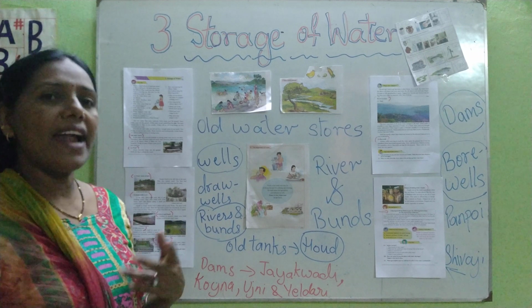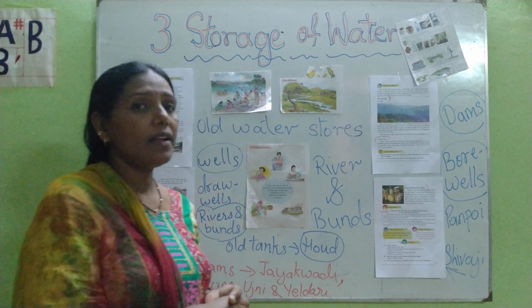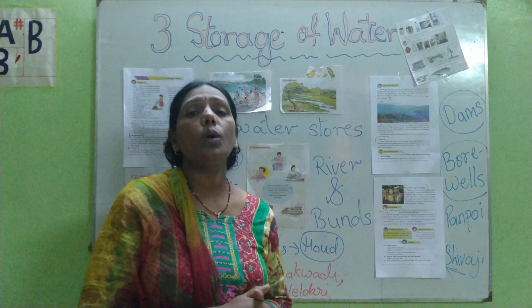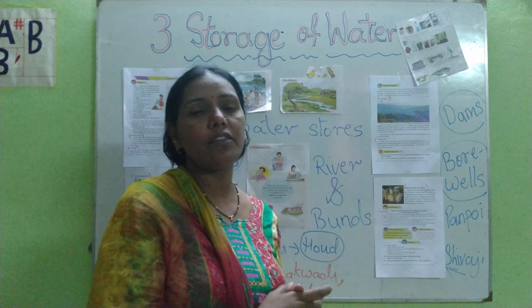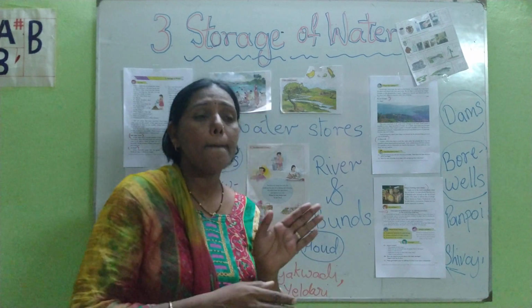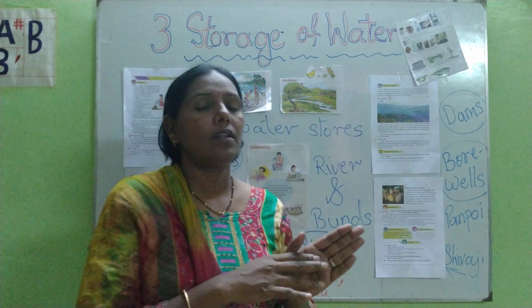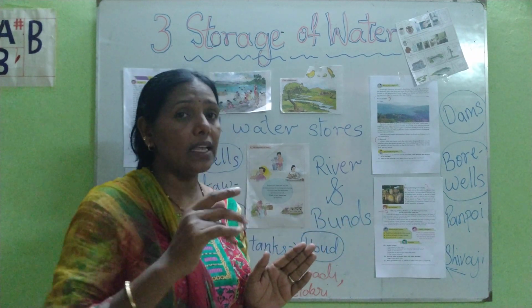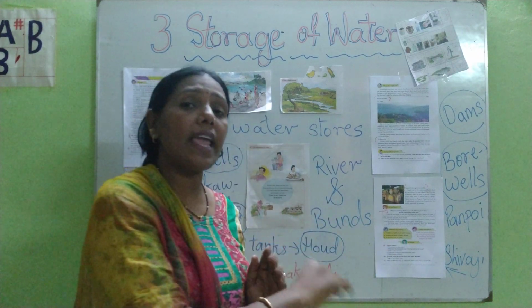Now the rivers and bunds. As I told you, the water gets collected in the river and bunds. So the people who had the facility of the river nearby used to use the water from the rivers. But to keep the water safe in the river, as I told you in the beginning, the water flows where there is a steeper area.